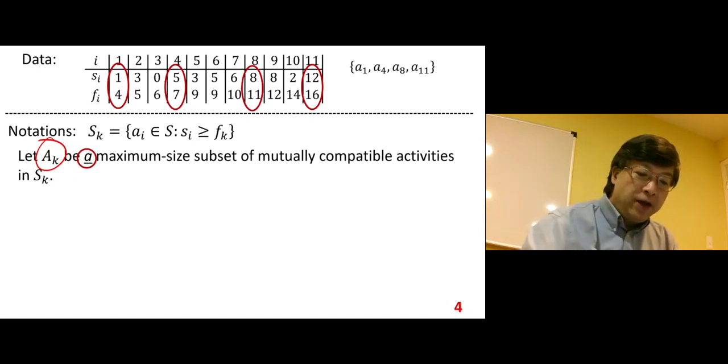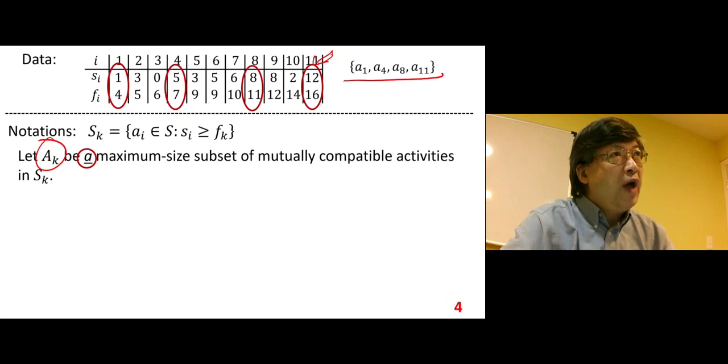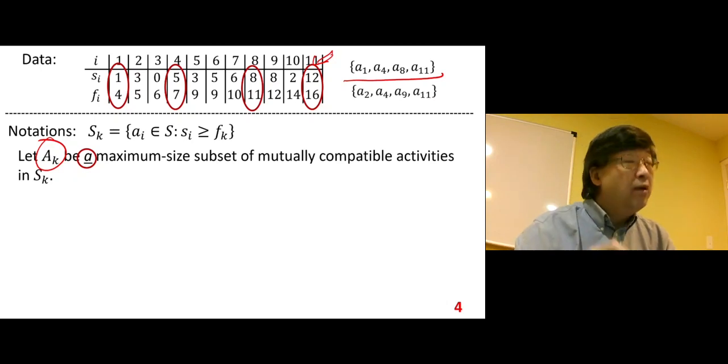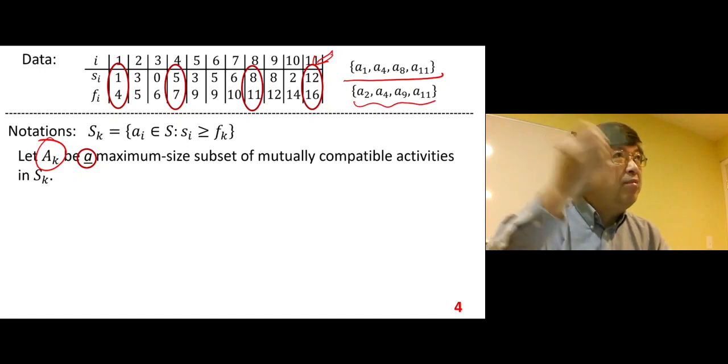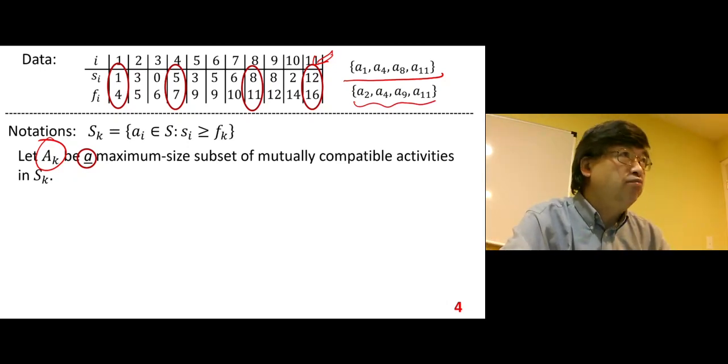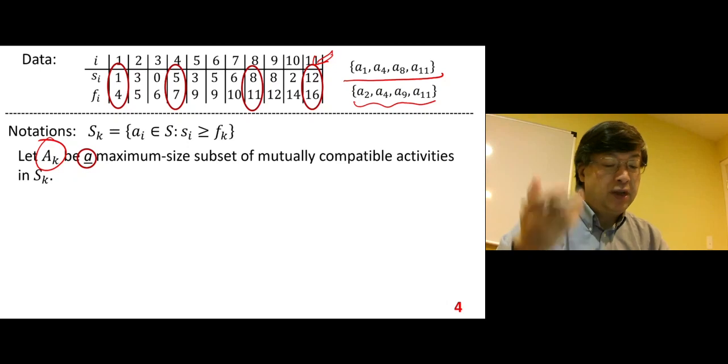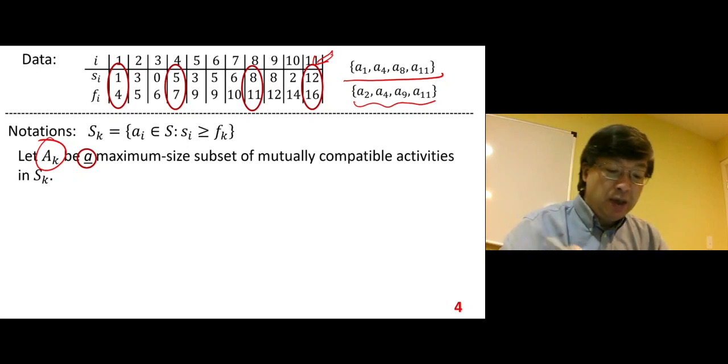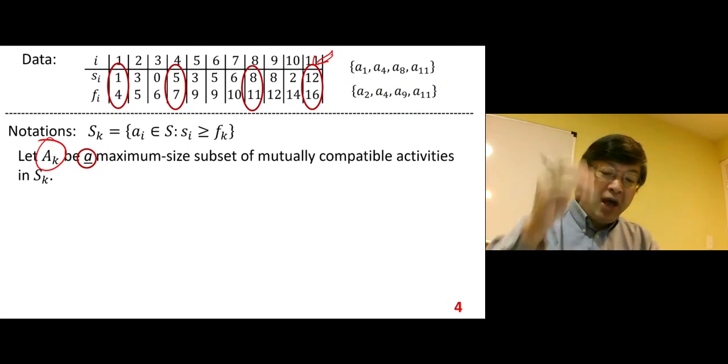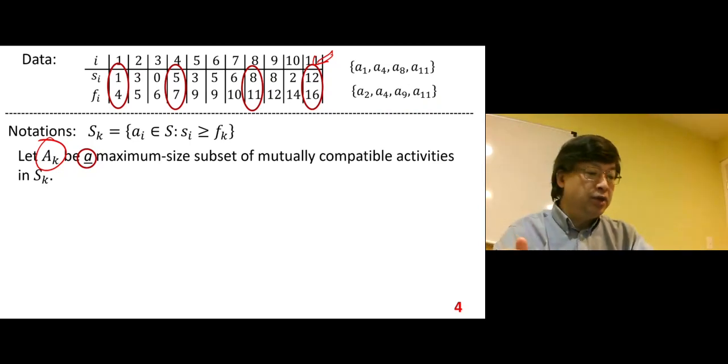For example, in this solution, we have this 4 activity subset mutually compatible, but there is another 4 activity mutually compatible subset. So that's why it's not unique. We just take one of the optimal solutions.